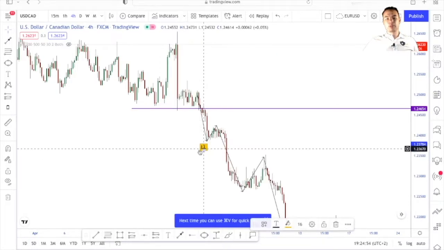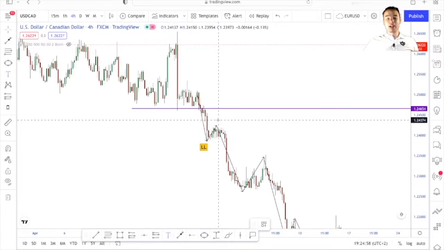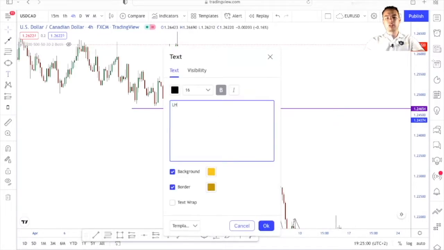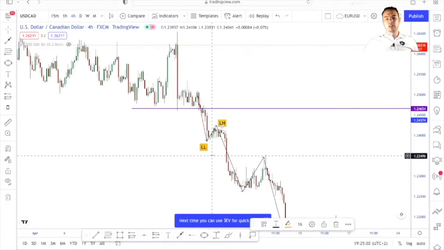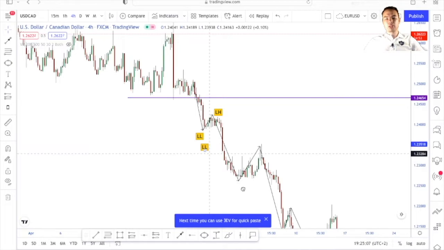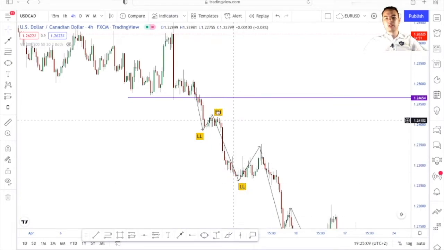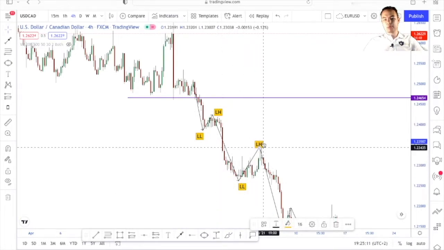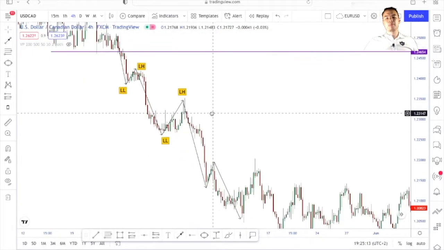If you don't understand the market structure, go back to that video. Retraces back up to form a lower high. Then impulse move pushes down to a lower low, and then price retraces back up to form a lower high.